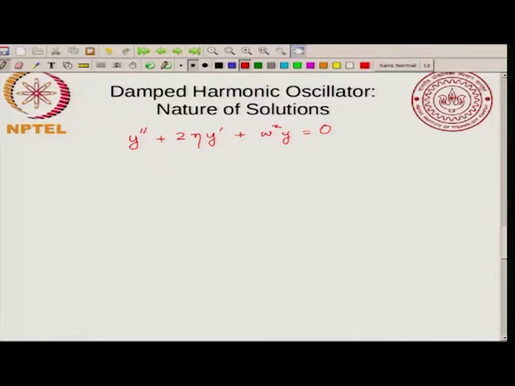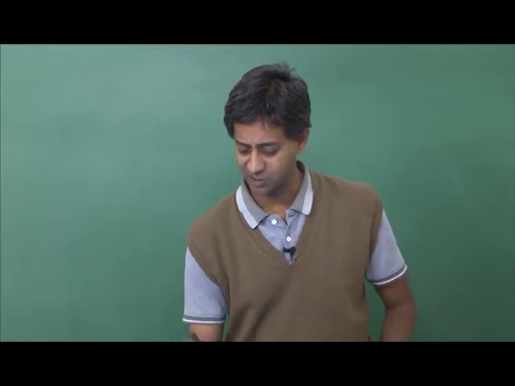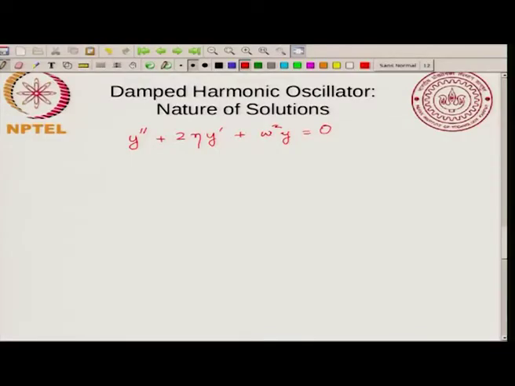If you did not have this middle term, it would just be a simple harmonic oscillator, y double prime plus omega square y equal to 0, but this is a damping term. And I should mention that eta and omega square are both greater than 0.